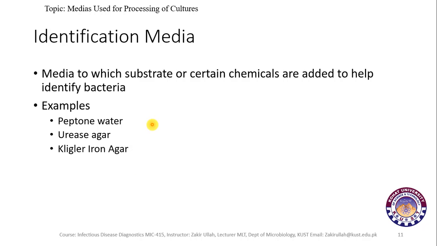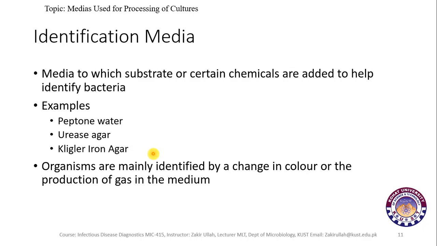Examples are peptone water, urease agar, or Kligler iron agar, which we can also simply call triple sugar iron. These identification media change their color, or produce gas, or produce a specific kind of chemical substance which is helpful in the identification of different bacteria.